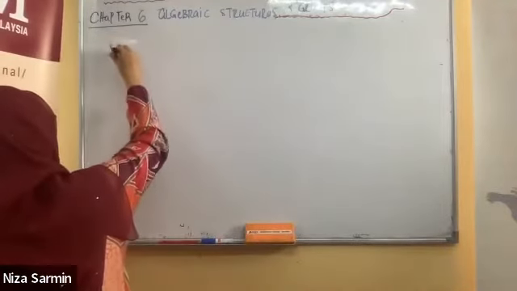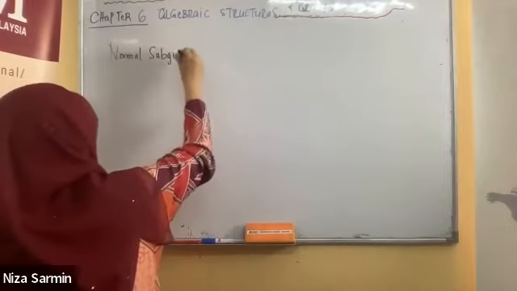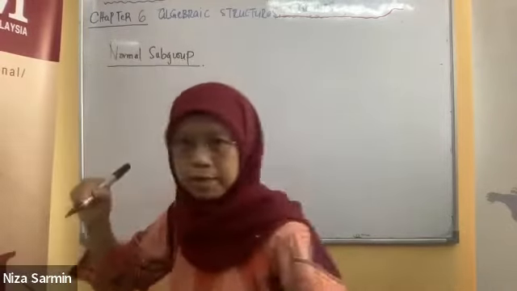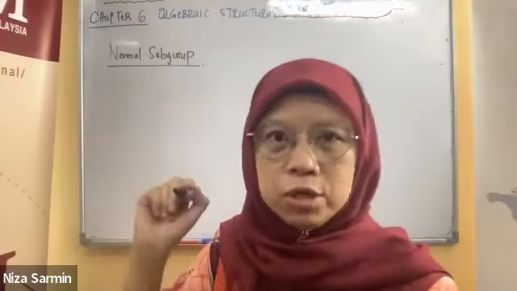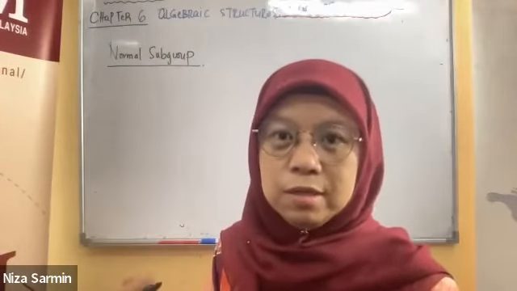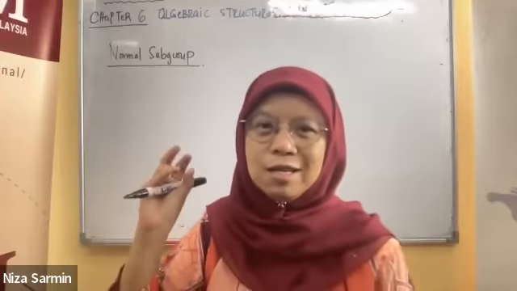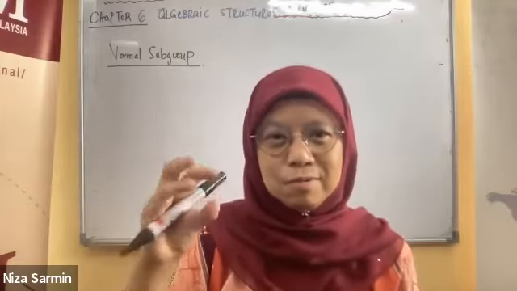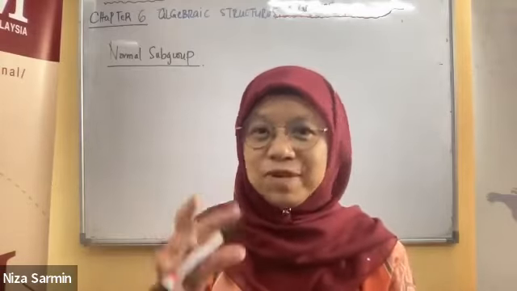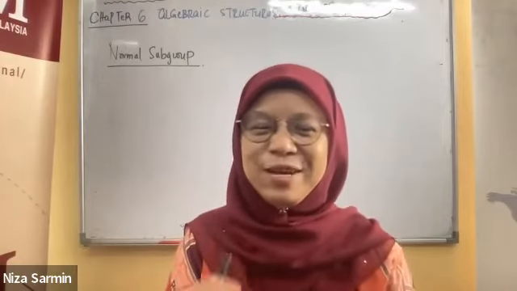Normal subgroup, I will start with this and continue tomorrow. Just the last part, I will stop and then continue tomorrow for about 10 minutes, and then we start on the new chapter. The last 2 chapters are just calculation. They do not need thinking first and writing later like this chapter. That's why I go a little bit slow.